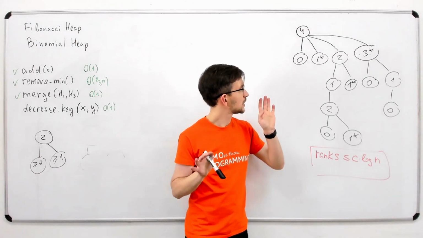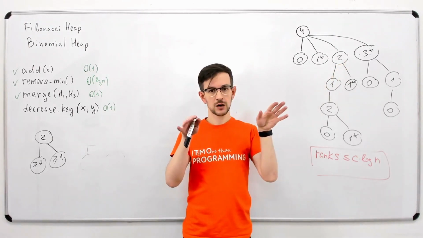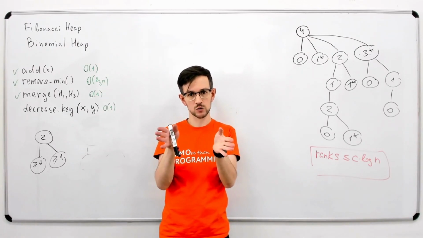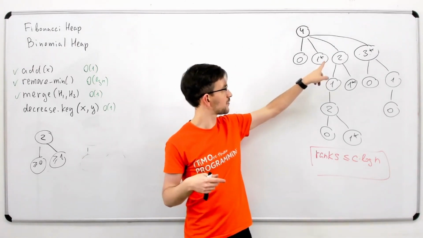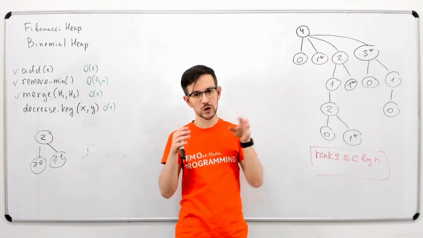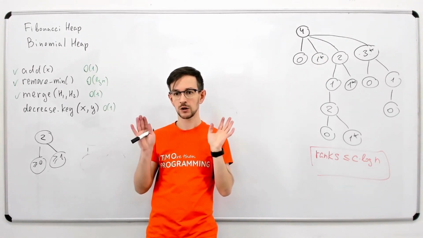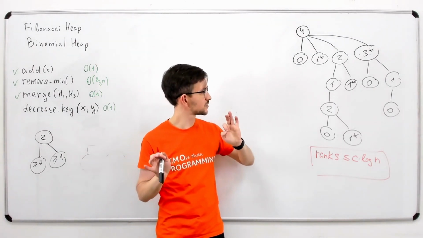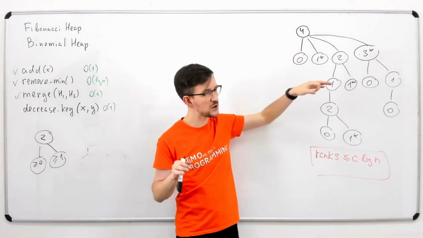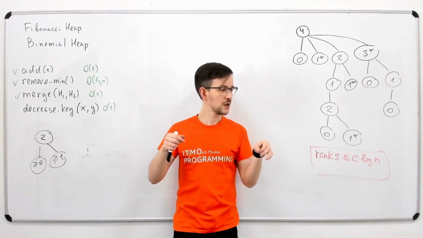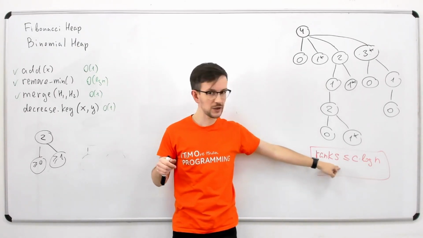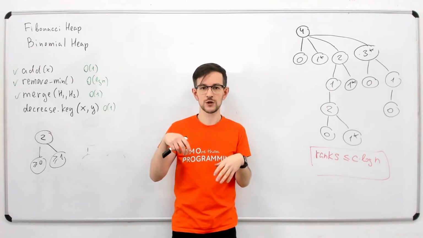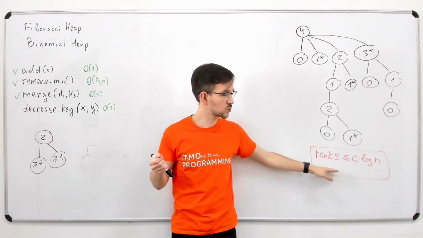So any node of rank k has k children or k minus 1 children. If it has k minus 1 children, it means we removed one child, and we have this mark. Just by definition, we allow this, and even when we're allowed to remove one child, the ranks will be up to logarithm. That's the interesting part. So even when we allow removing one child from each node, the ranks will be up to logarithm.